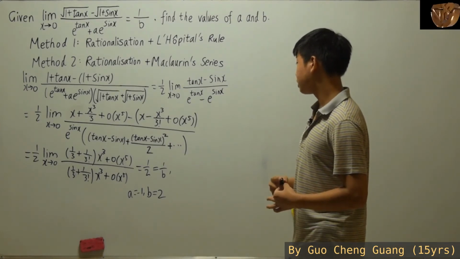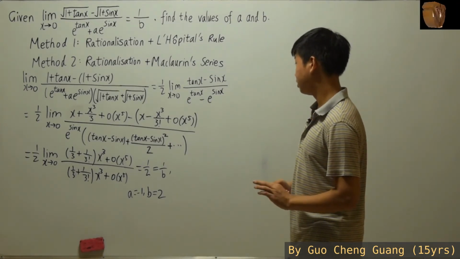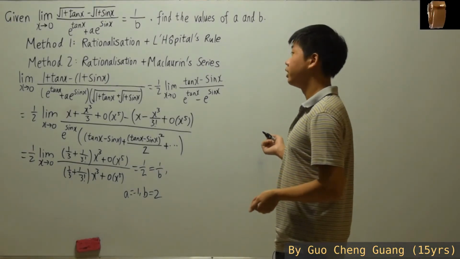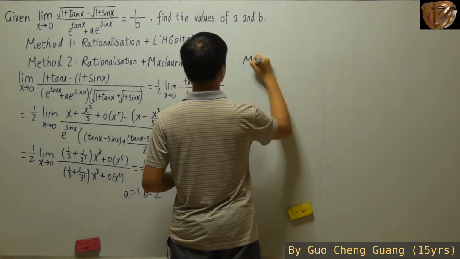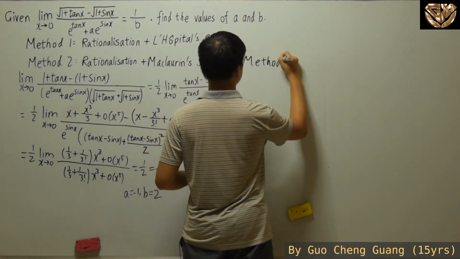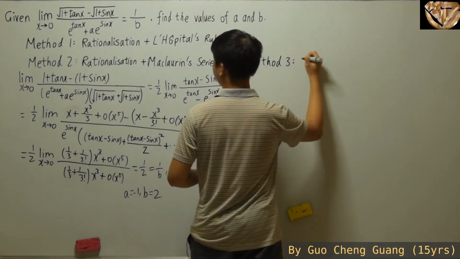And next we will be taking a look at the third method. Alright, so now let's take a look at how method 3 is going to work. What is method 3 going to be about?